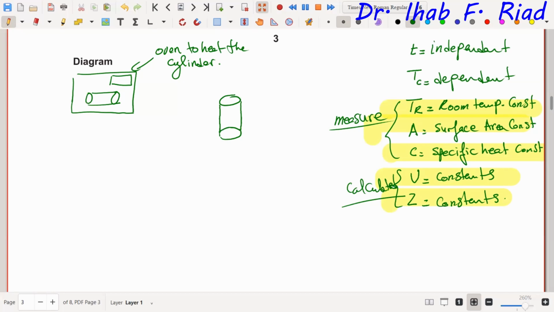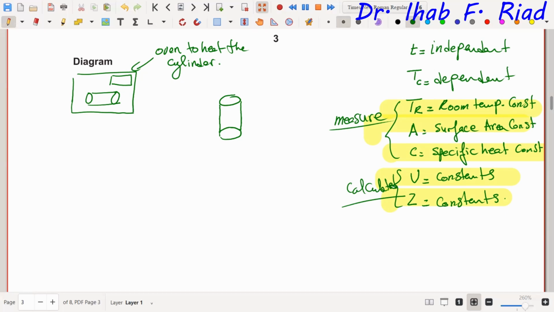Okay. Specific heat capacity, it is mc delta t. So we need to measure the mass. We are going to carry another experiment to calculate C, right? Yes. Okay, good. What else do we need?